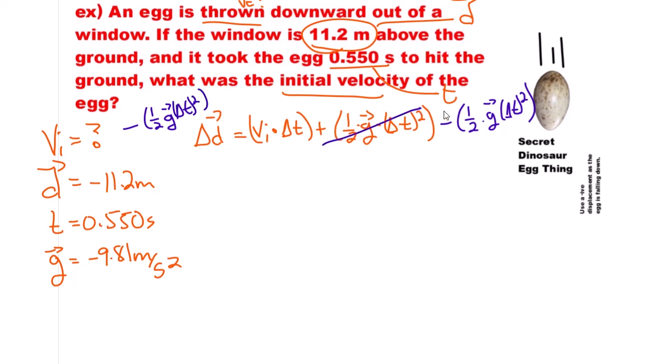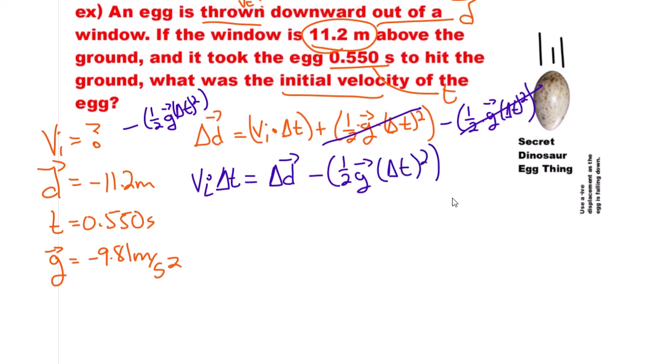And then this and this are going to cancel. Now let's rewrite what I've got, and I'm going to flip it left to right at the same time. So VI times delta t is equal to my displacement minus 1/2 times g times delta t squared.